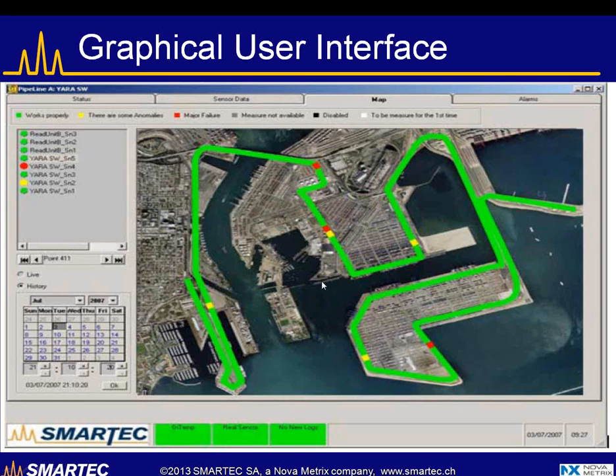And finally, on the bottom left, you can see a history interface where it's possible to look back in time, so you can see the evolution of the measurement previous to the current state.